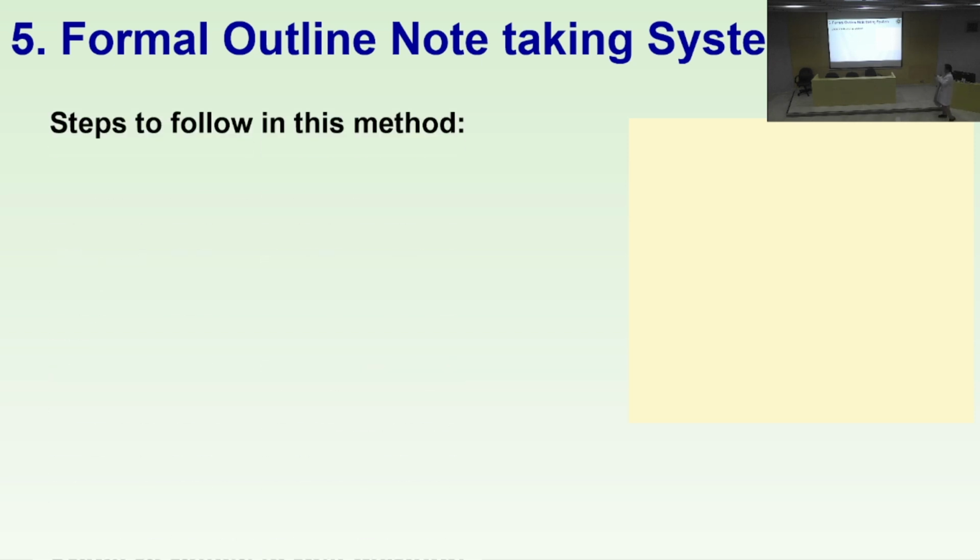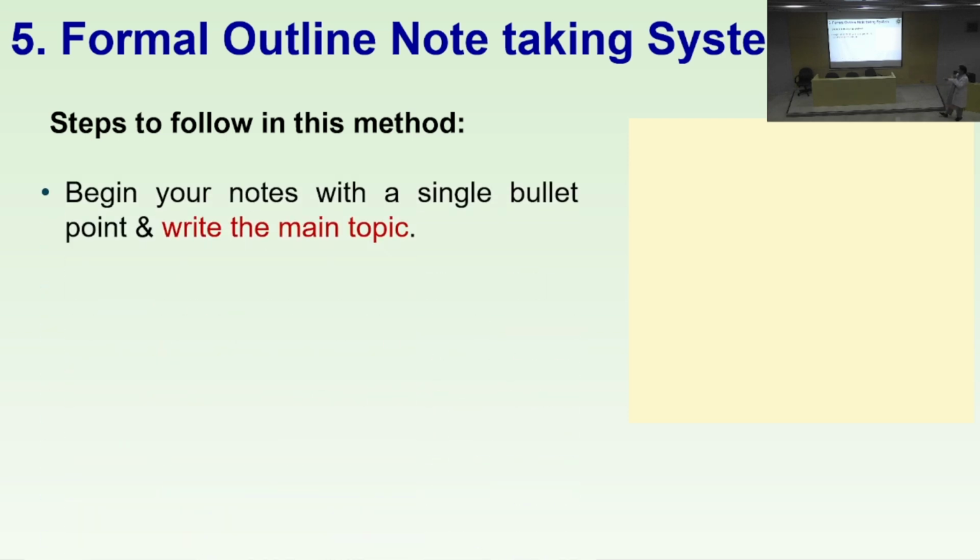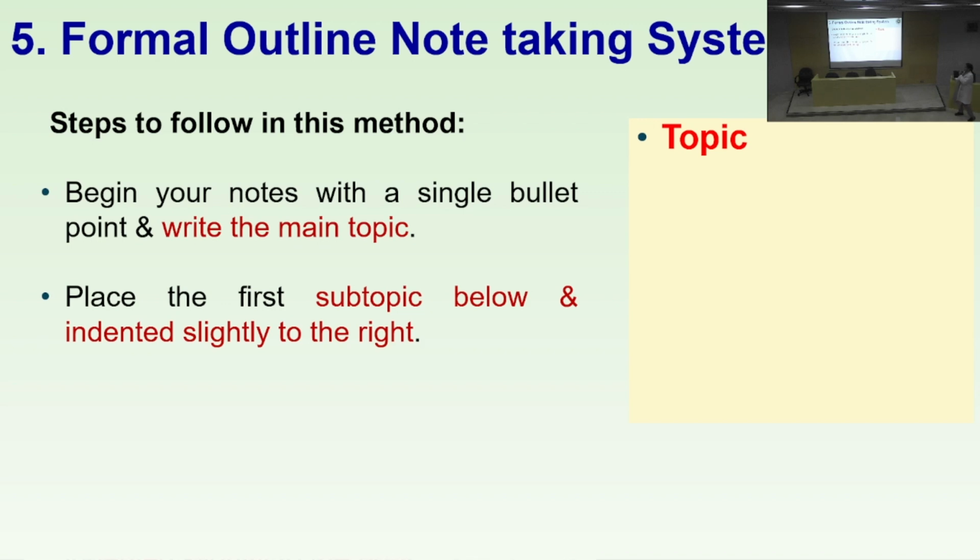Let us see, I will show you some examples. First one, you write the main topic, not necessarily with a Roman number or alphabet or numerical. You can just even use a bullet or write just like that. Begin your notes with the main topic, like this, name of the topic. Write the subtopic below, slightly towards the right, like this.